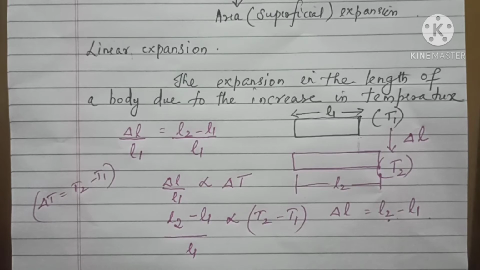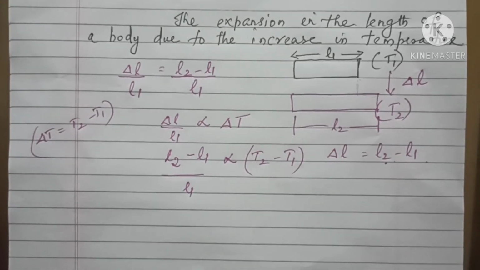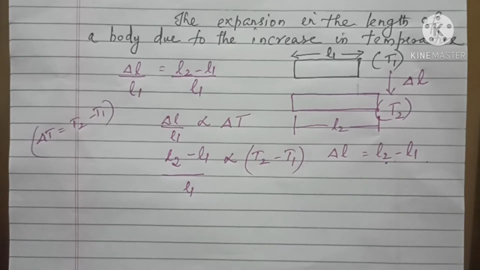That is, the fractional change in the length is proportional to T2 minus T1. Clear? This proportionality sign can be changed by multiplying it with a constant.